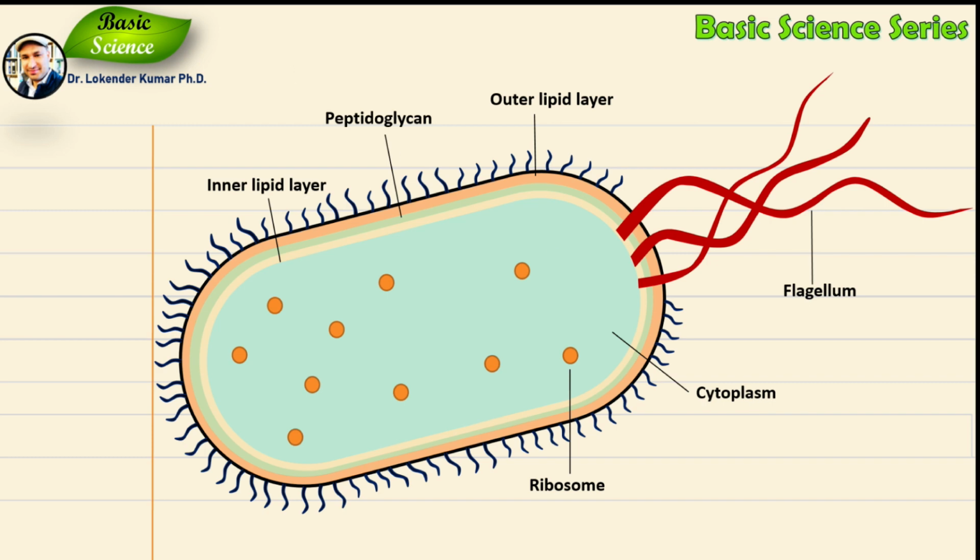So let's make the DNA. It's also known as the nucleoid of the bacterial cell. And simply, I'm going to make the DNA structure somewhere right here. Usually, we know that DNA is a double strand.